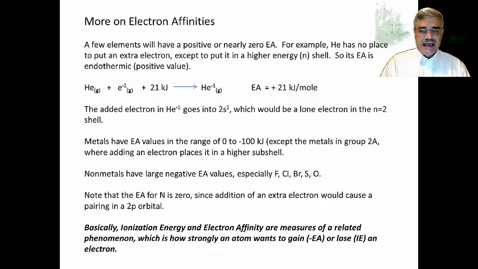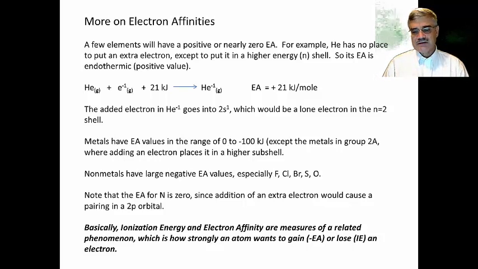For nitrogen to add an extra electron to form N-1, you would have to pair up 2 electrons in the 2p orbital. And remember, there is a slight penalty associated with pairing electrons, having 2 electrons occupy the same orbital.